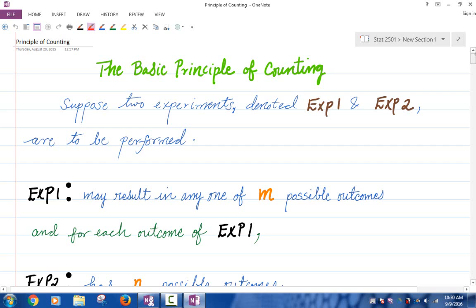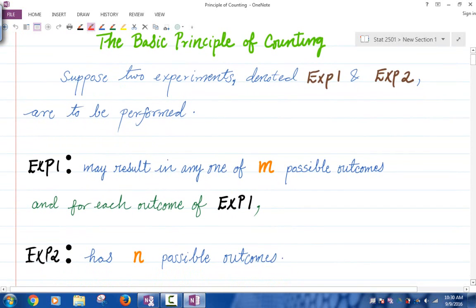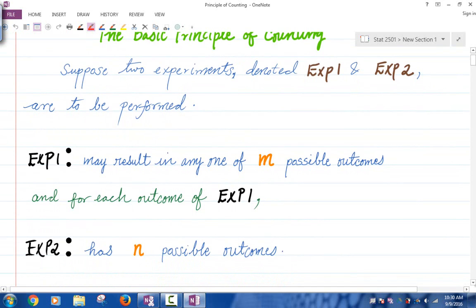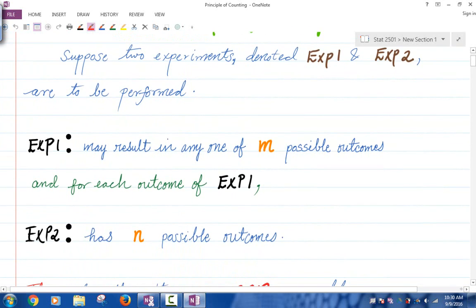And for each outcome of experiment 1, experiment 2 has n possible outcomes. Is everybody clear? What is an experiment? For now, just think of an experiment as something that has outcomes.